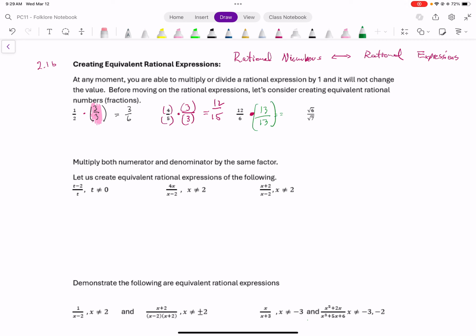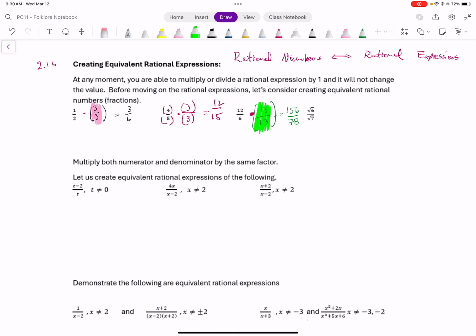But 6 times 13 is 78, and 12 times 13 is 156. So 12/6, if I wanted to write it using the denominator of 78, I would multiply both top and bottom by 13. And really, have I changed the value? No, because what I've highlighted in green is just 1.